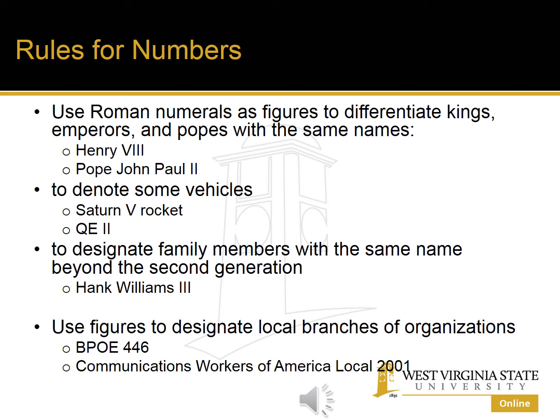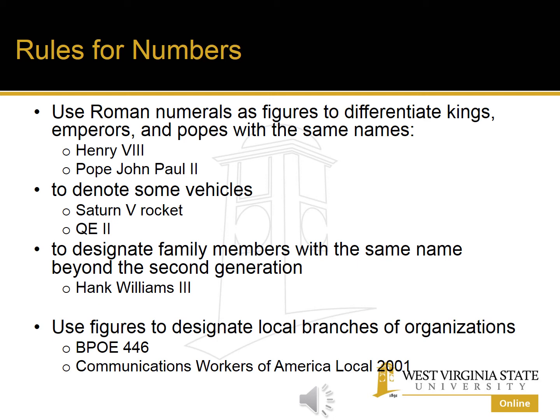For example, Henry VIII, we would write with the Roman numeral for the number 8, or Pope John Paul II, we would write with the Roman numeral for 2. Or, for example, some vehicles such as a rocket, the Saturn V rocket, the 5 is written with the Roman numeral 5, or the QE2 written with the Roman numeral 2.